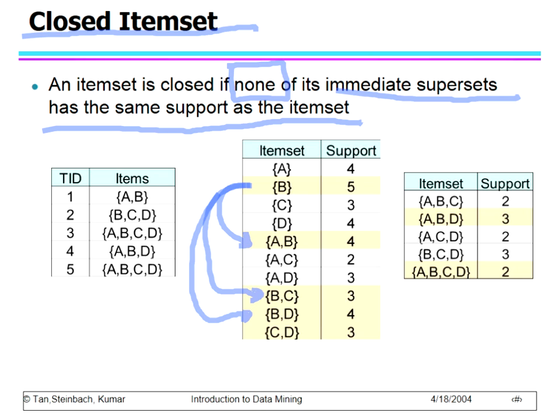So this is the support of B: 5. 5 is different from 4, then 3, and then 4. For this reason we say that B is a closed item set. Is it clear? Is the closed item set clear for you?